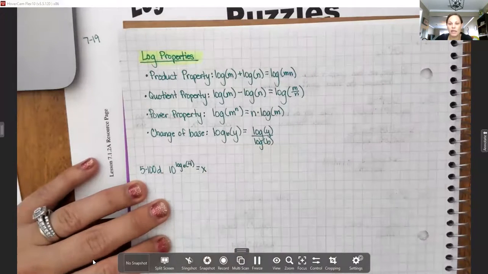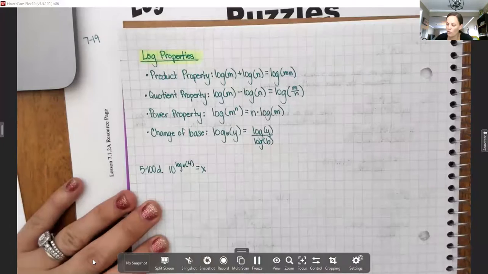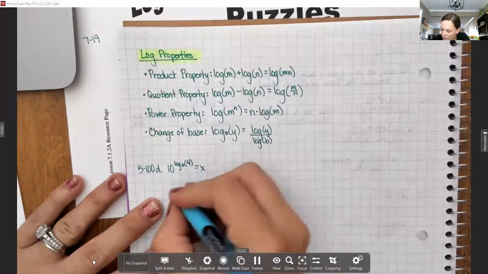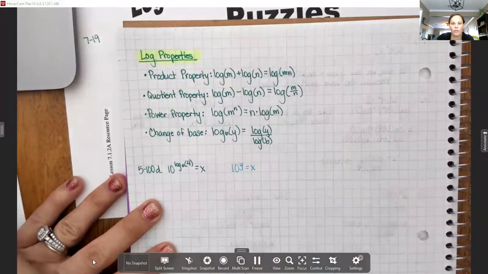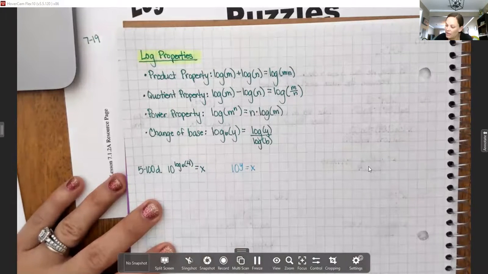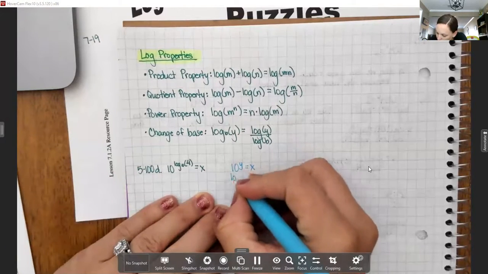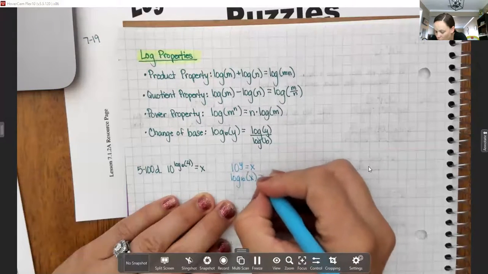So this is what part D looked like. So pretend this just said 10 to the y equals x. If that said 10 to the y equals x, we would just rewrite this as log base 10 of x equals y.